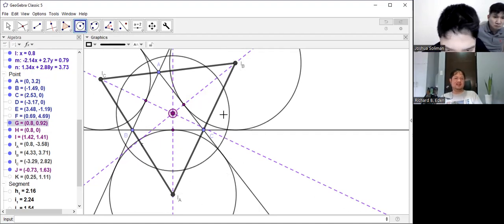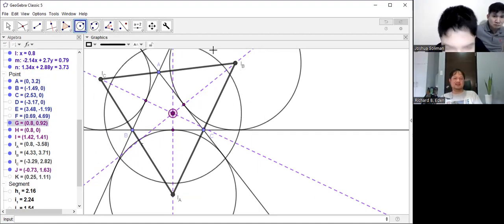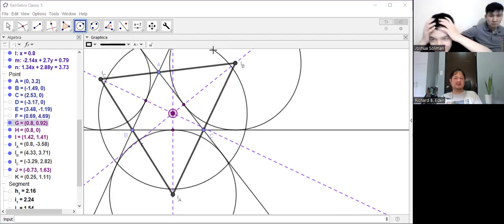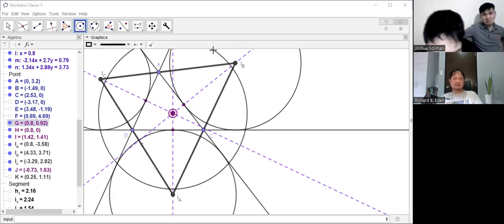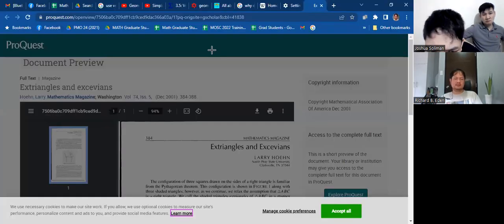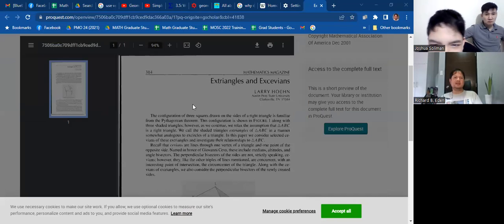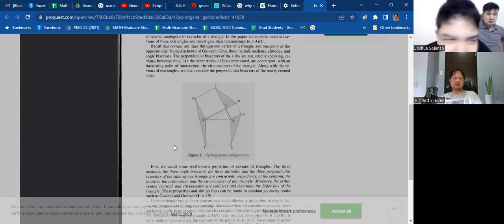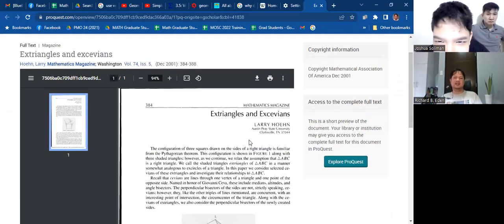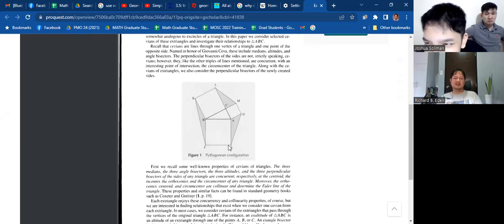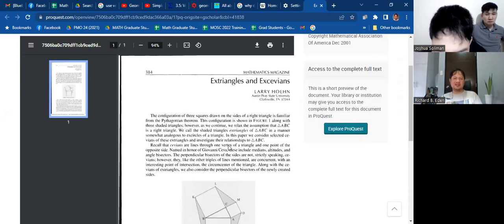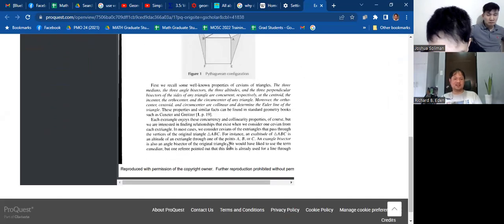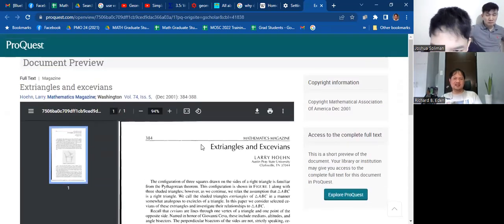It's in the Zoom chat. Yes, it is called an excentral triangle. So the circumcenter of the excentral triangle is also the concurrency of those. Math Stack Exchange, nice. So did they describe it? I don't have access right now.